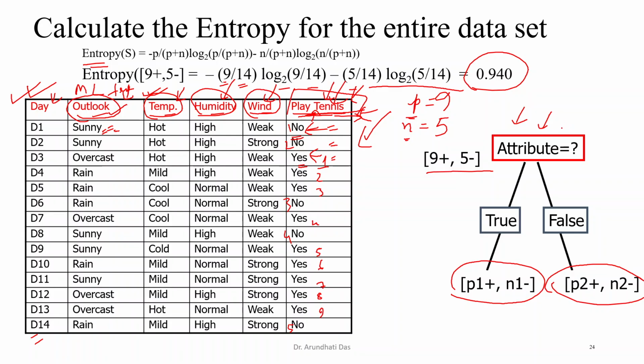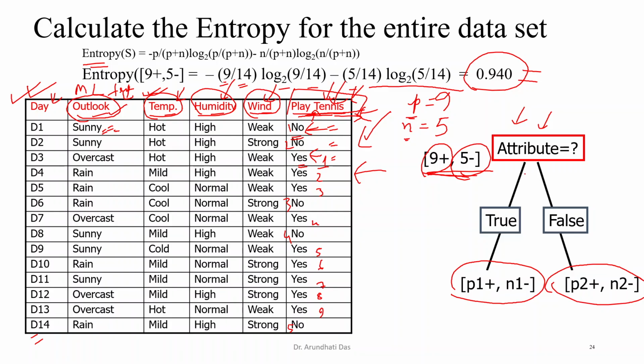Or if we follow the CART algorithm, then we have to find the Gini index. But before finding all this, we also have to find the entropy of the data set. The entropy of the data set having 9 positive and 5 negative samples is 0.94. This is the entropy value that we have got from this data set.